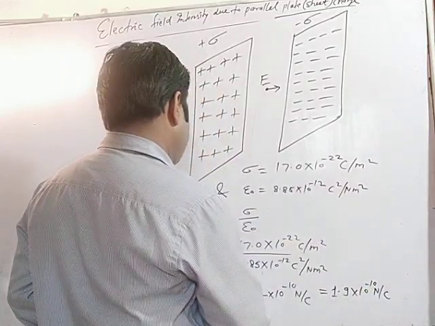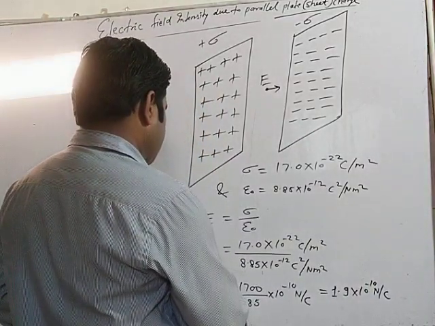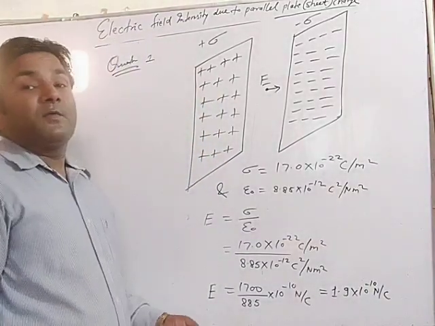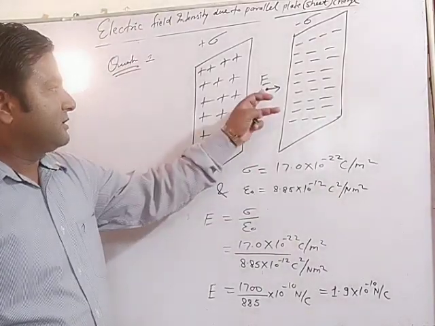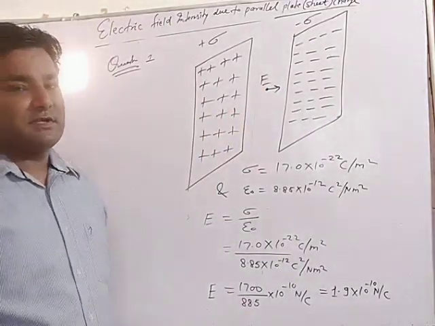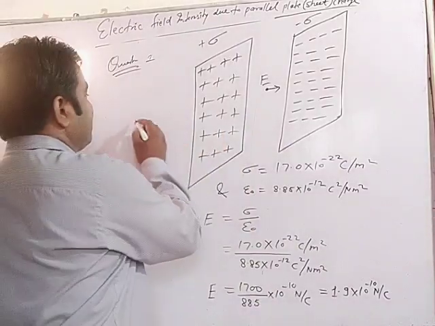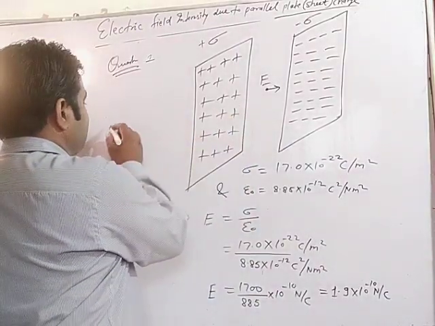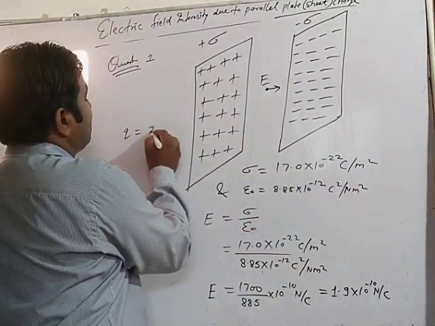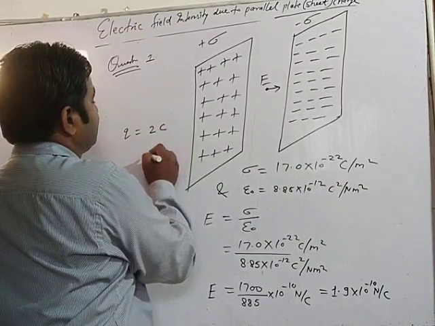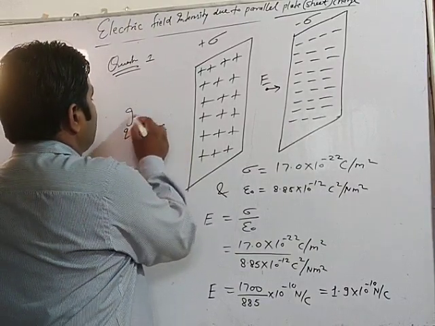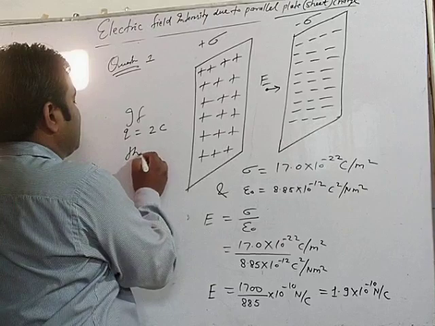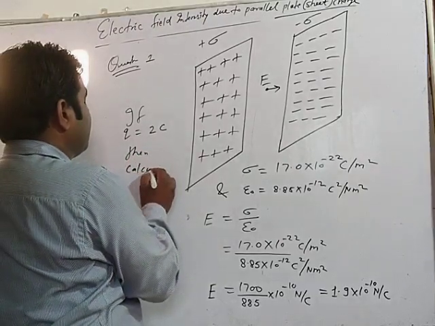This is the value of intensity, and by using this intensity we can also calculate the value of force in between the sheets. Suppose a charge is given here, if Q is equal to 2 coulomb, then calculate the force.